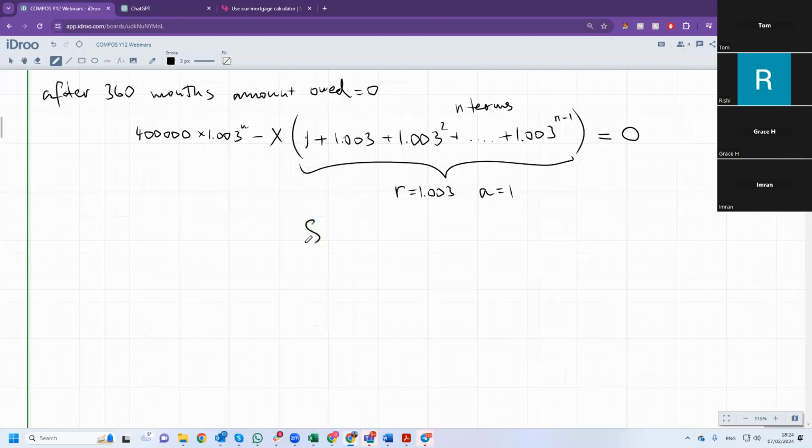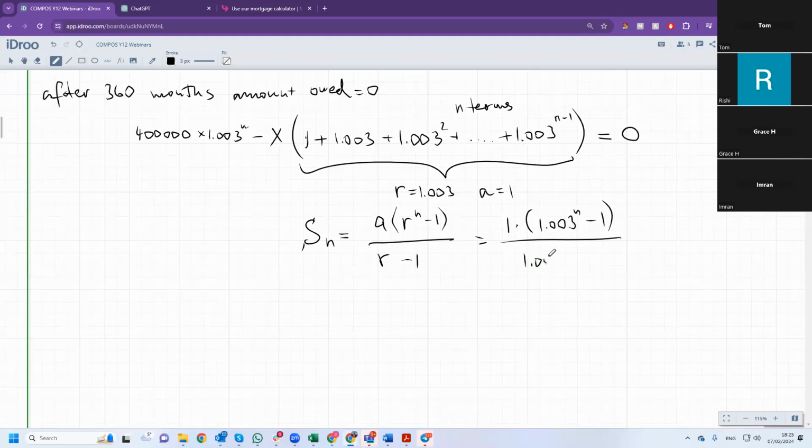So we can write down the formula: Sn is equal to a multiplied by r to the power n minus 1, divided by r minus 1. So there's going to be 1 multiplied by 1.003 to the power n minus 1, divided by 1.003 minus 1, which is 1.003 to the power n minus 1, divided by 0.003.